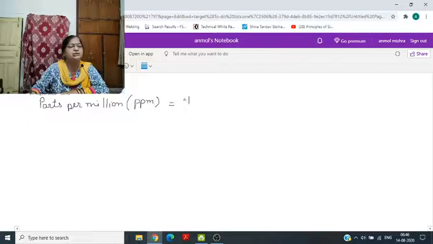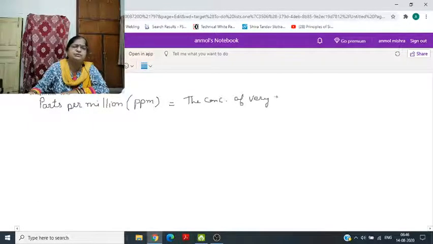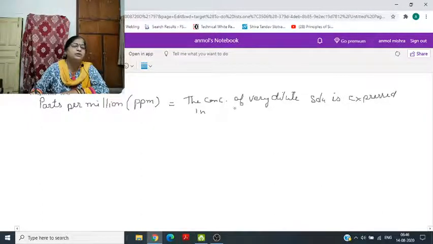The concentration of a very dilute solution is expressed in this unit, ppm, that is the number of moles or mass of solute per million of the component.